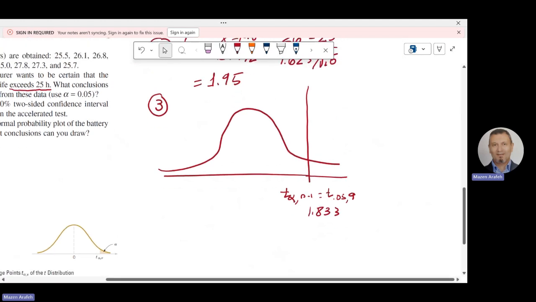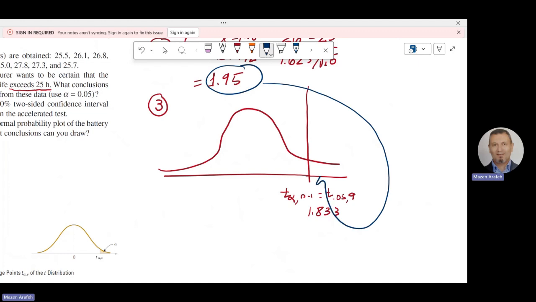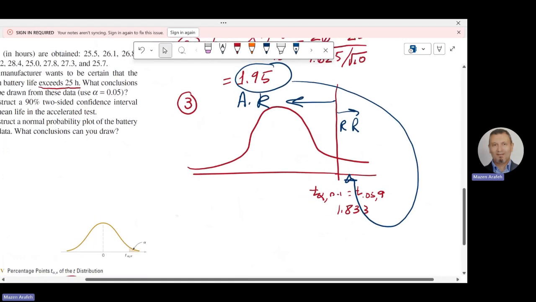Now the test statistic is 1.95, and 1.95 falls in this region here. So this is my rejection region, and this is my acceptance region. It falls in the rejection region, not very far away from the critical value. However, it is in the rejection region.